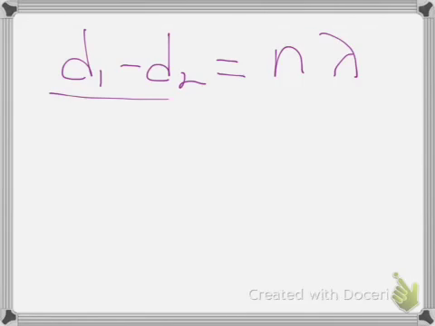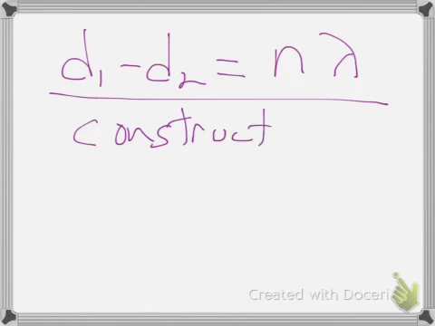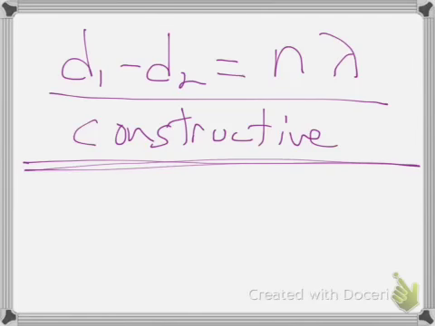And if you meet these conditions, where d1 minus d2 equals some whole number times the wavelength, then you get constructive interference.